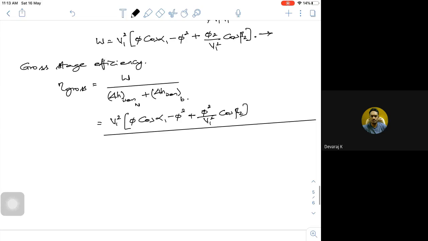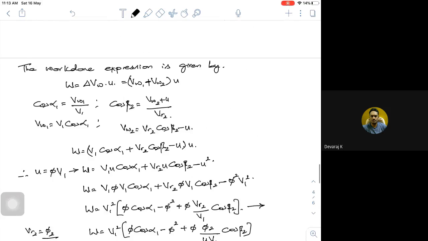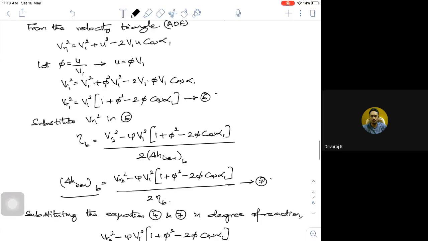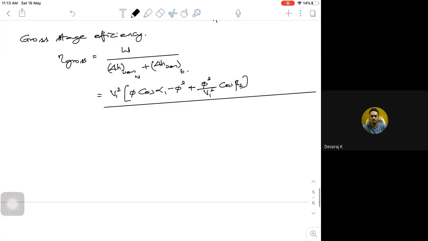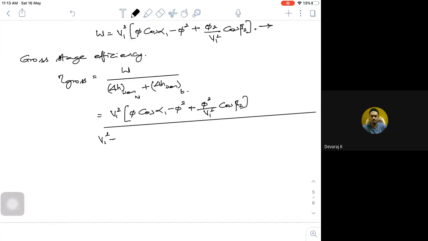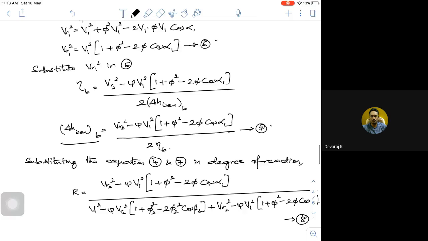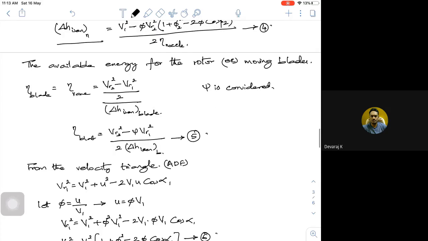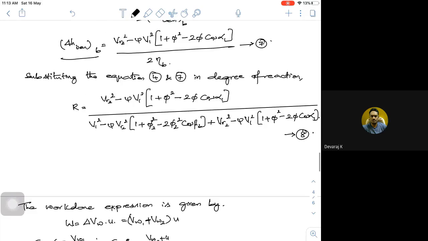so delta is isentropic for the nozzle. It is in terms of V1 square minus psi into V1 square minus psi into VR2 square, whatever the equation 4 I need to write.